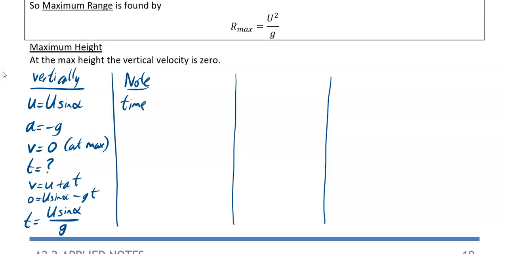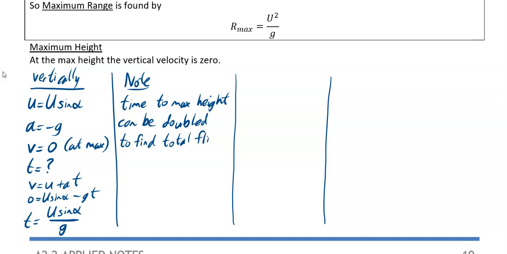Note: time to max height can be doubled to find total flight time, and we call it capital T. Remember, capital T is equal to 2U sine alpha over g.